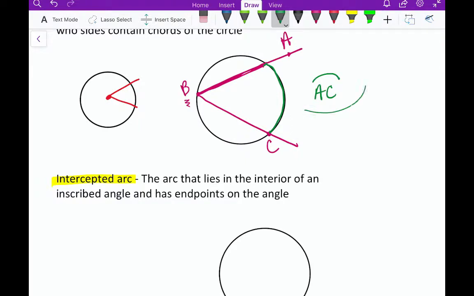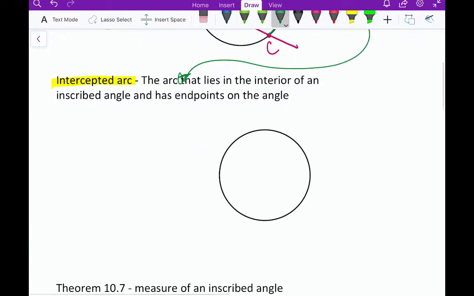So arc AC is the intercepted arc. I'll go ahead and redraw it down here. So here's my inscribed angle. This is B, this is A, and this is C. And again, the intercepted arc is arc AC.